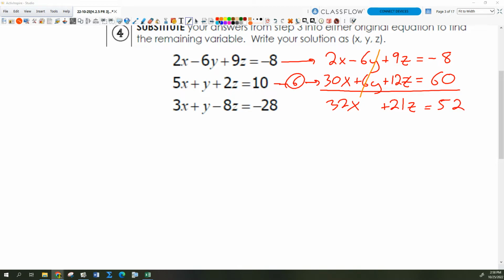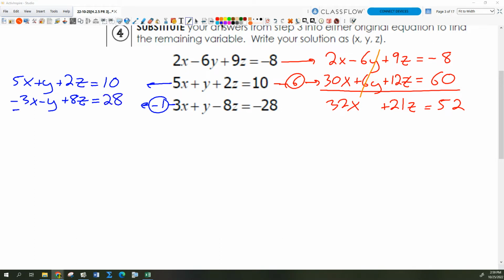Okay, so now what if we pick equations 2 and 3? How could I manage that? Negative 1 by either one. I'll keep the top one the same and multiply the bottom one by negative 1. So I'm getting 5x plus y plus 2z equals 10 and negative 3x minus y plus 8z equals 28.